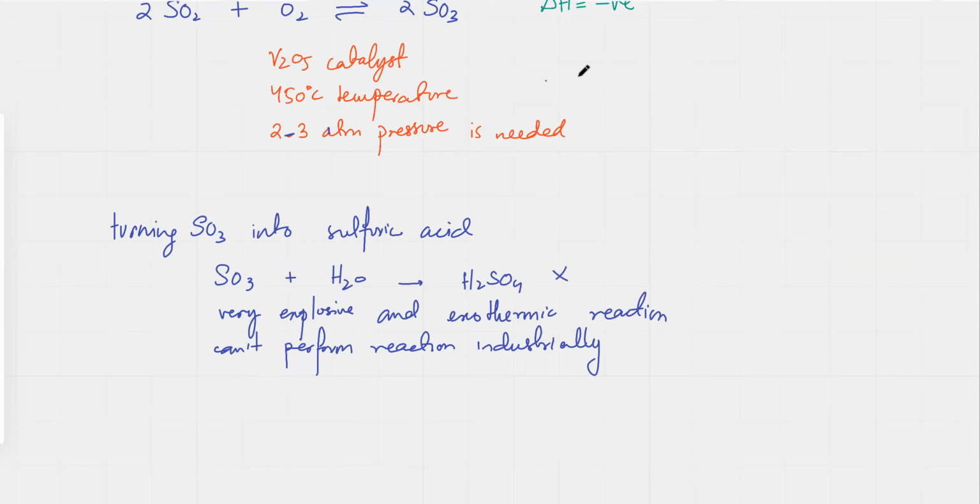So instead, what is done is that SO3 is mixed with concentrated sulfuric acid. So to make sulfuric acid, you're using sulfuric acid.